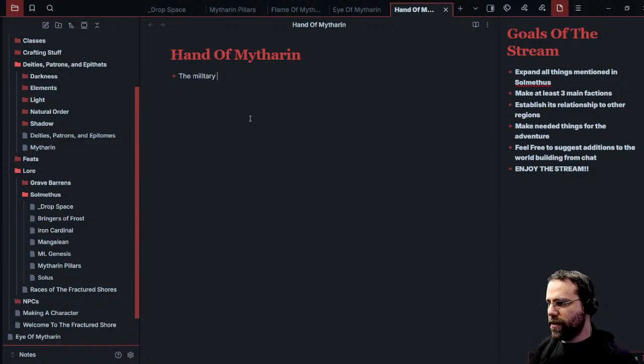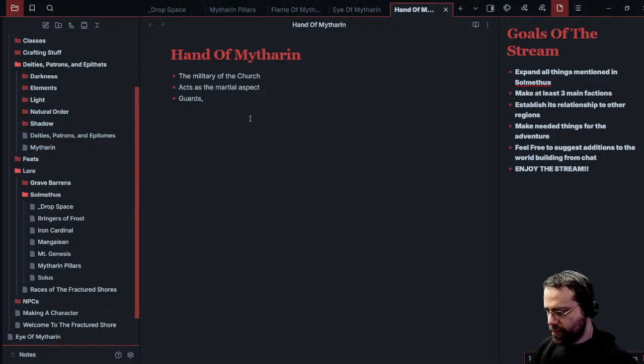The military of the church, acts as the martial aspect.